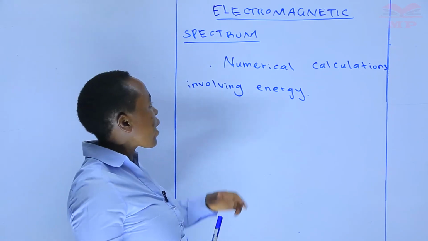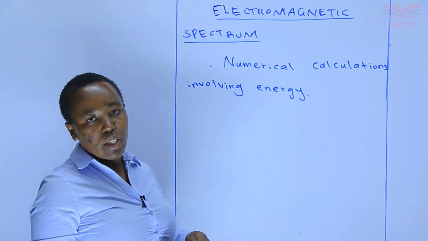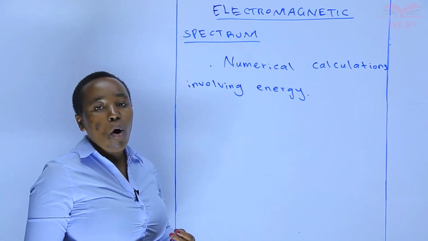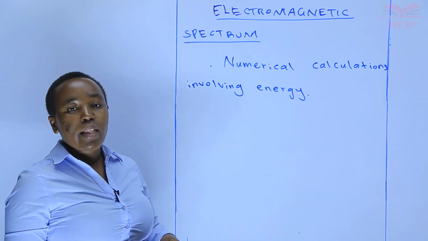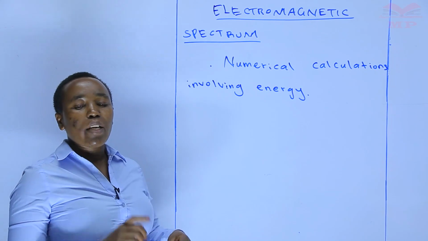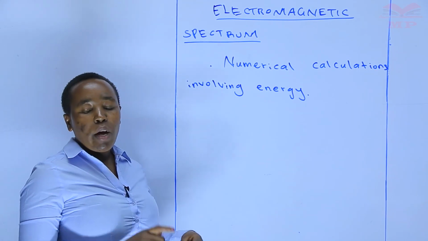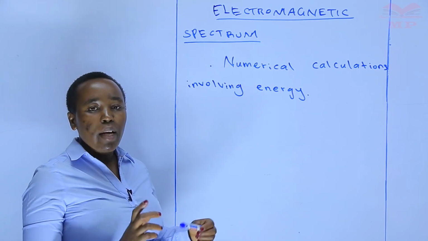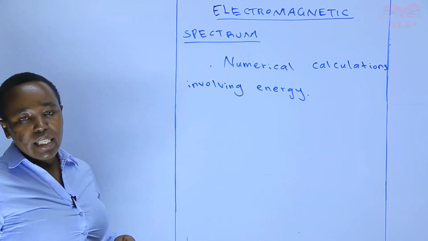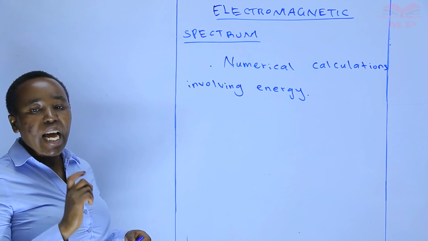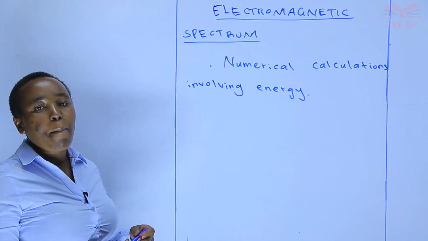Before we get to the numerical calculations, just a small recap of the previous lesson. One of the properties of electromagnetic waves, among the 6 that we mentioned, is that they possess energy in different amounts.